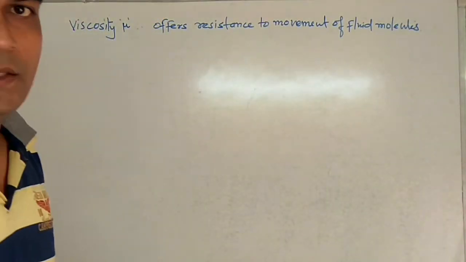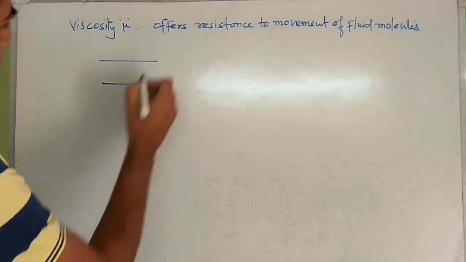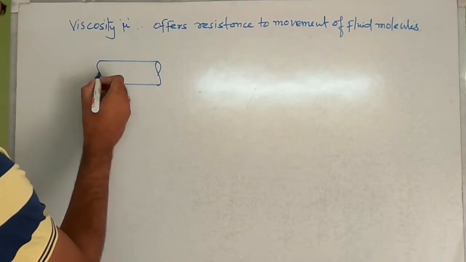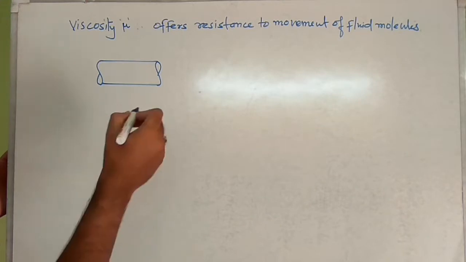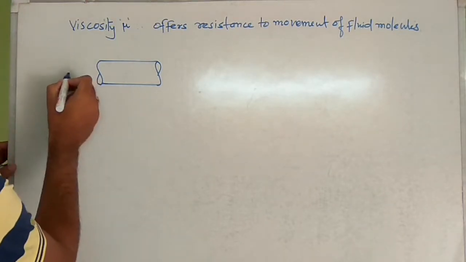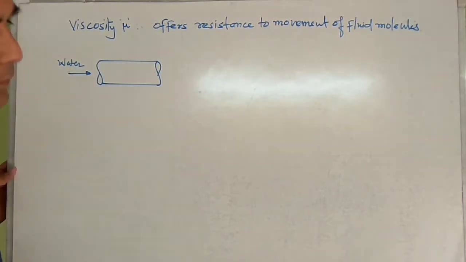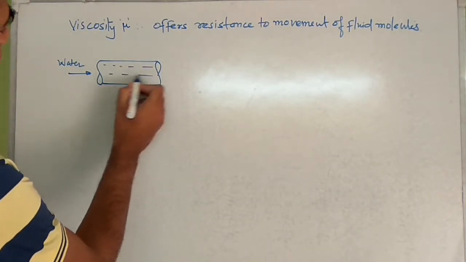If we see by an example, suppose there is a pipe cross section. This is pipe cross section, and if water flows through this pipe, now this one is water.